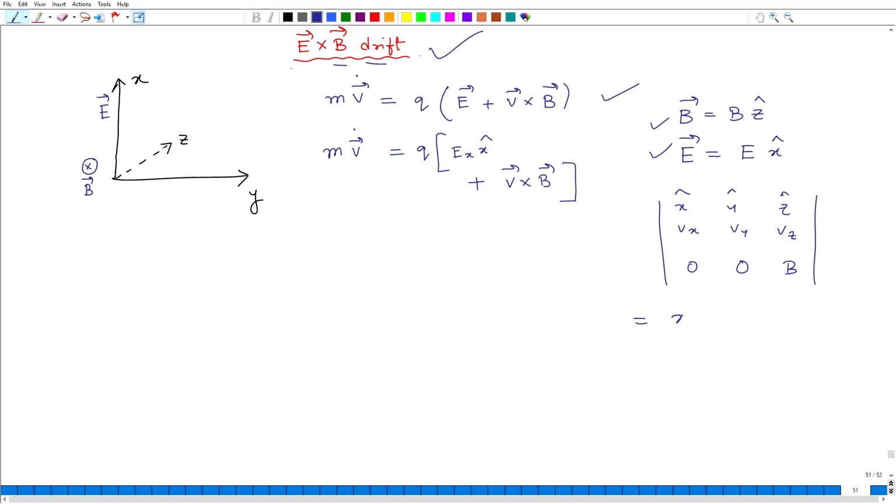I will have x cap component equal to v y B, plus y cap component equal to minus v x B, and for z cap there is no component of v cross B. So, I can write q times E x plus B v y. Instead of writing E x, I can simply write E.